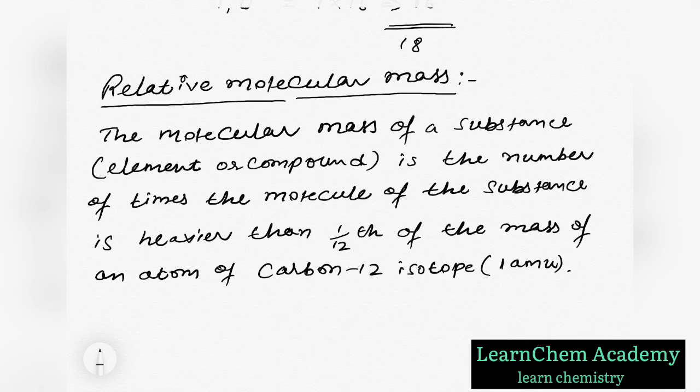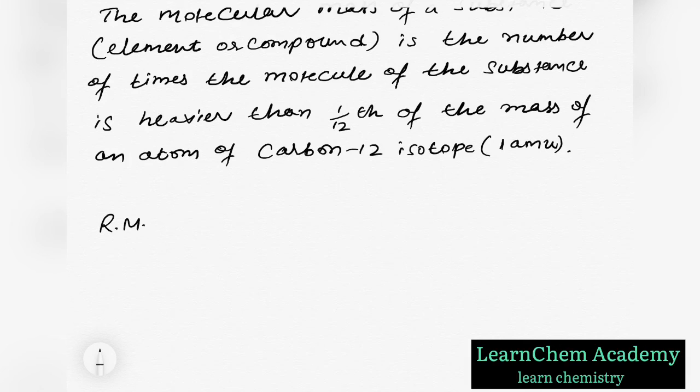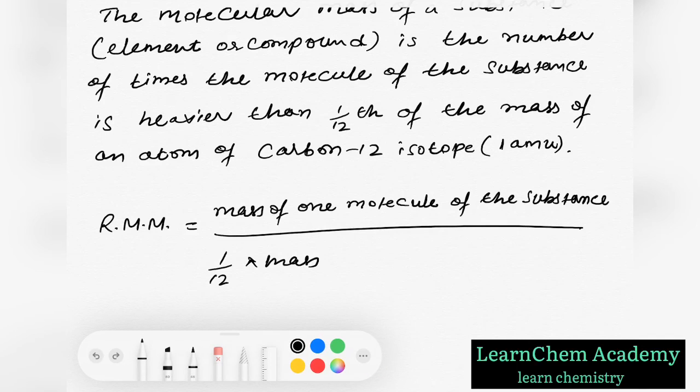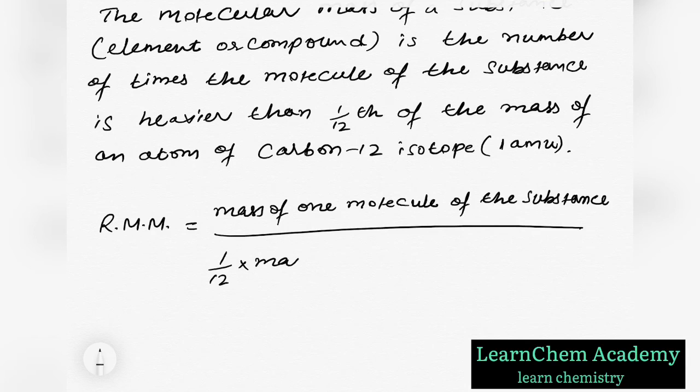Okay, so we can write the formula of relative molecular mass: the mass of one molecule of the substance, divided by 1/12th the mass of one carbon 12 atom.